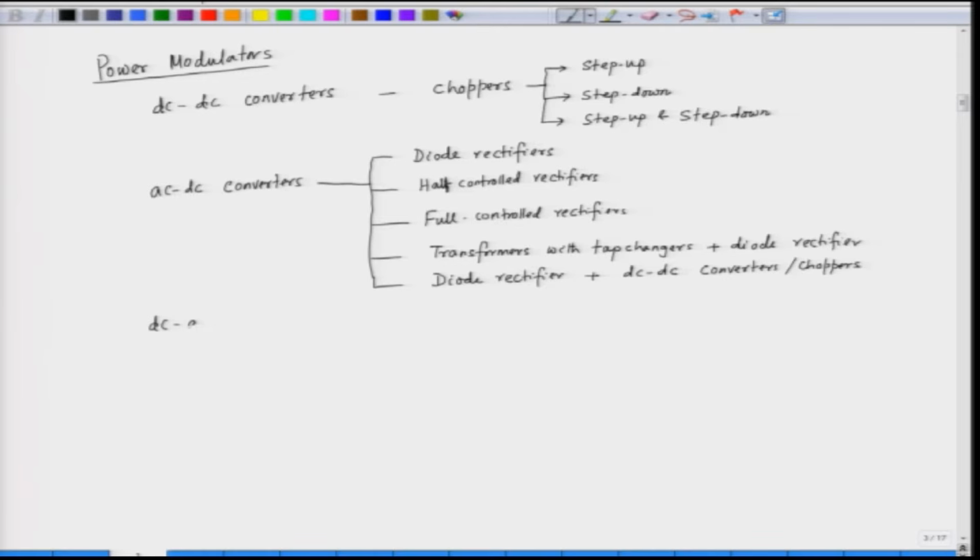We have a DC supply, but the motor is an AC motor. For example, for solar applications our energy is DC, but we have to drive an induction motor. In that case we have to use DC to AC converters which are known as inverters.